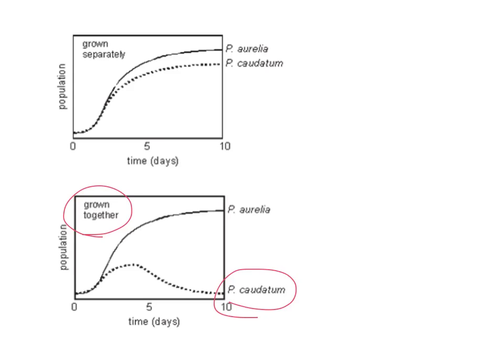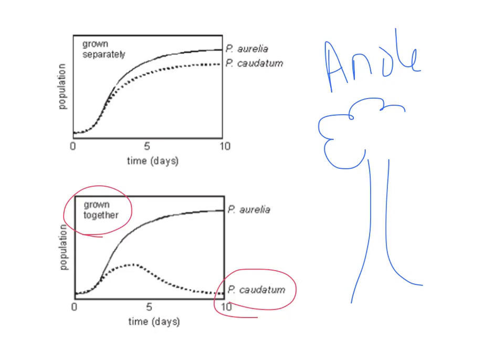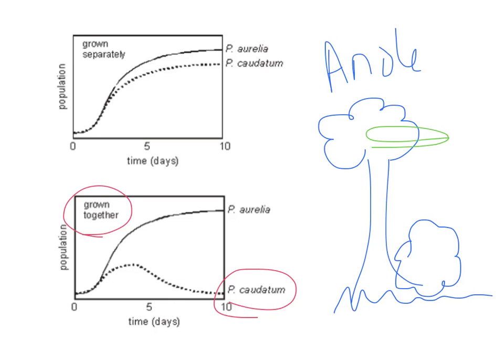A way around this is if the organisms will find and fill different niches, even though they're in the same particular area. An example of this would be what are called the anole lizards. Okay, and in their habitat, here you're going to see my lovely drawing. Okay, so there's a tree. It's a forest type habitat, but it also has some shrubs, okay, and there's some grass. And so you will see that one population of lizards lives up high in the trees.